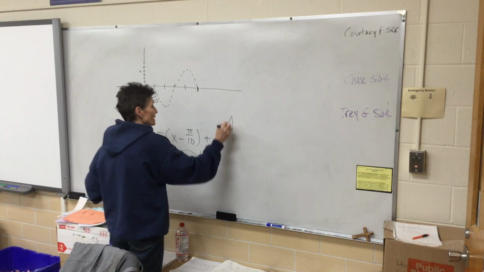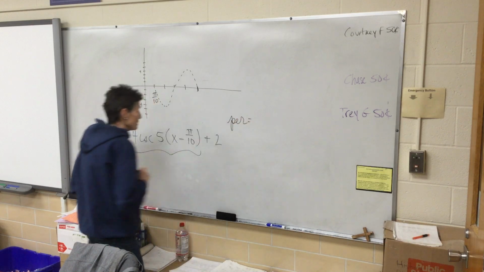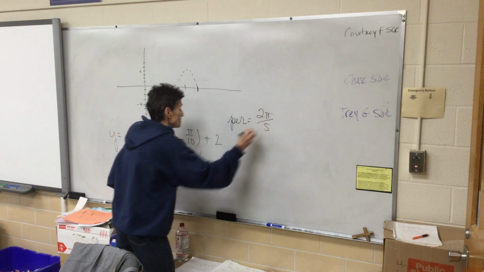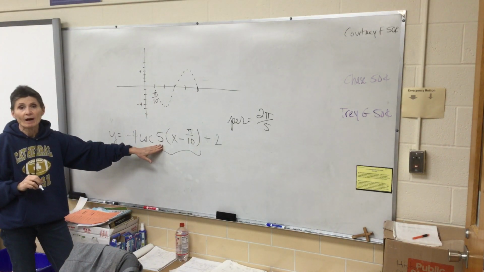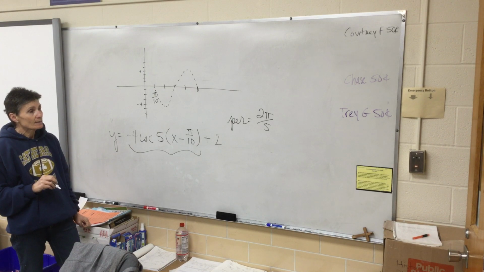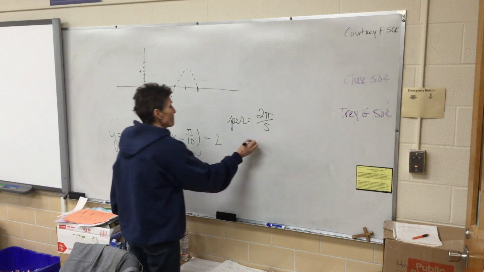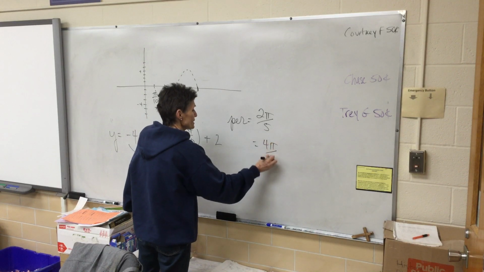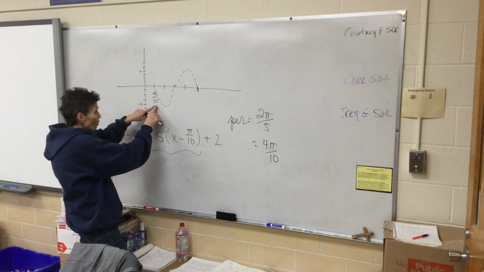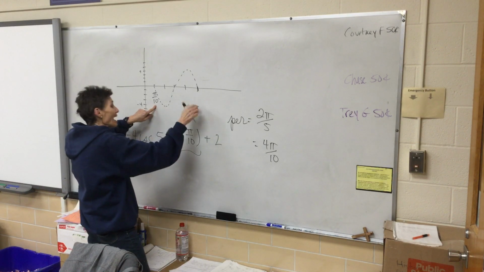Now what's my period? Well, my period is supposed to be 2 pi, but this time it's been divided by 5. So my period is 2 pi over 5, which is the same as 4 pi over 10. So I can figure what this is by starting at 1/10 and adding 4/10.